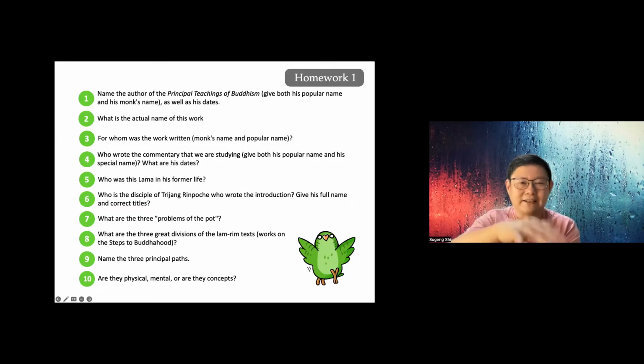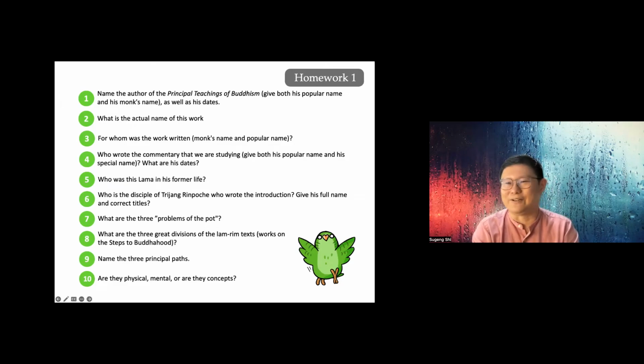The first one is the cup which is closed. Closed means water cannot go in. The second is the cup which is dirty. Dirty means you have other preconceptions of the content. So if your cup is dirty, when you pour in water, the water will be dirty, right? And then the last one is the leaking.